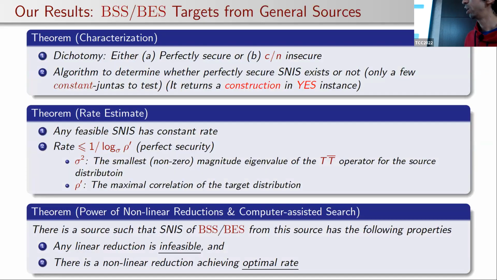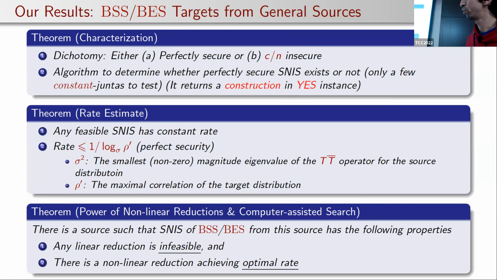But in this talk, our focus is on the case that the target distribution is still BSS or BES, but the source distribution is some arbitrary distribution. We showed that for any constant C and for sufficiently large n, there is always a perfectly secure SNIS, or we get C over n insecurity. We provided an algorithm that can determine whether a perfectly secure SNIS exists or not, and our algorithm also returns a construction in case such a SNIS exists.